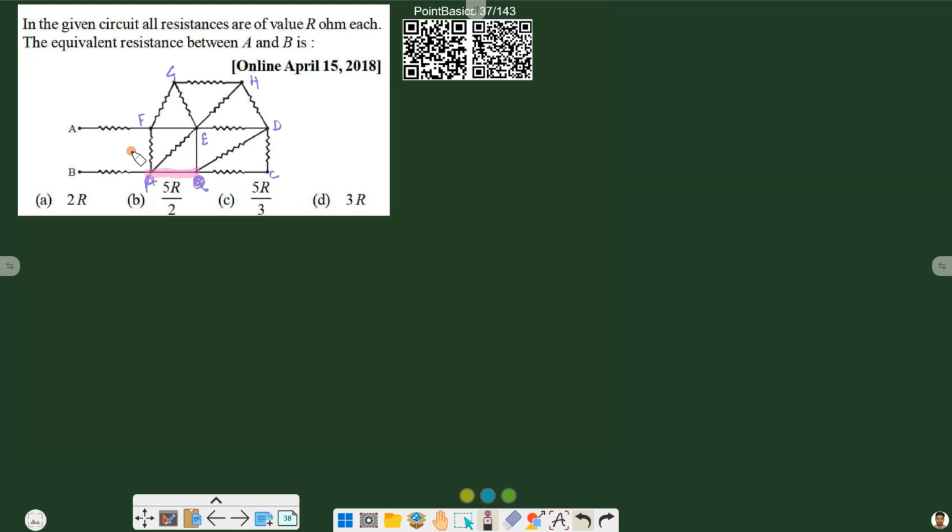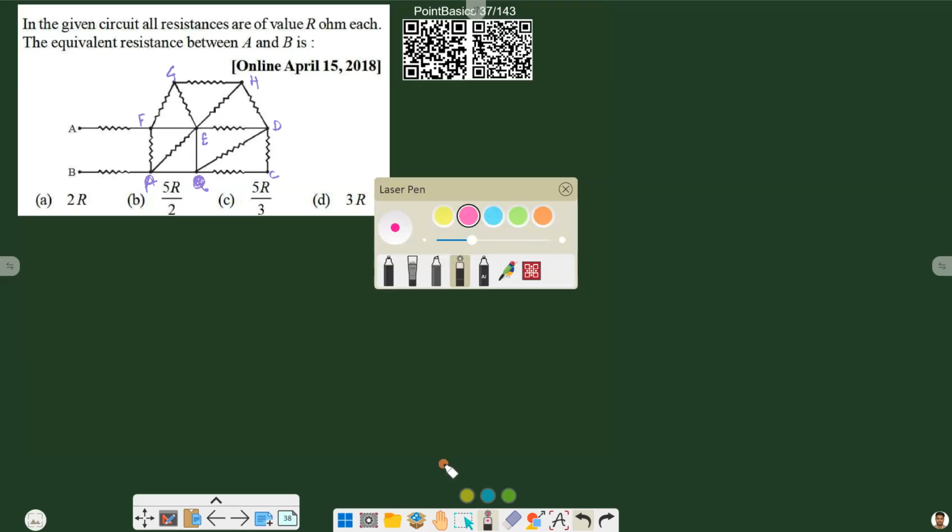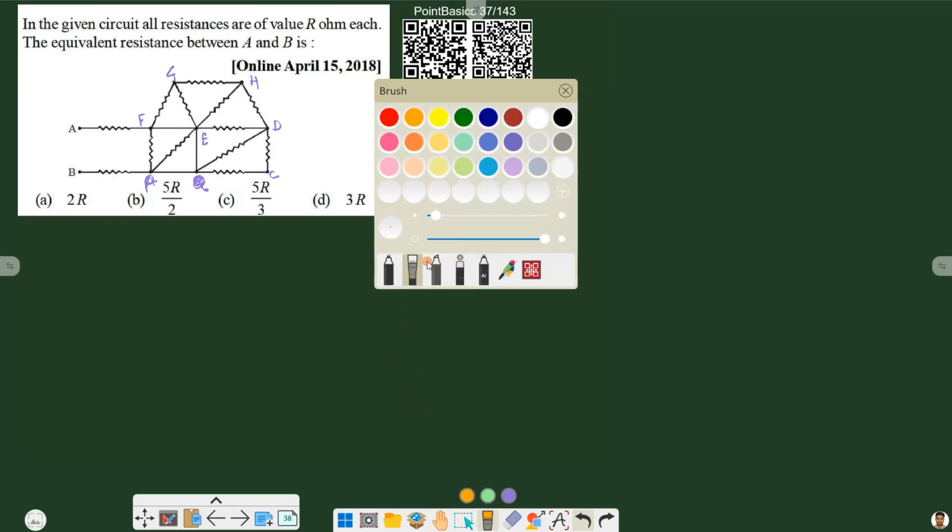So effectively, we will have current going directly from A to B via only this resistance. All other resistances will be bypassed because we have a short circuit over here. So we will ignore all other resistances and directly connect A and B, and our circuit will look something like this.